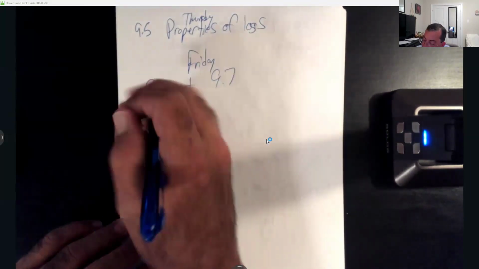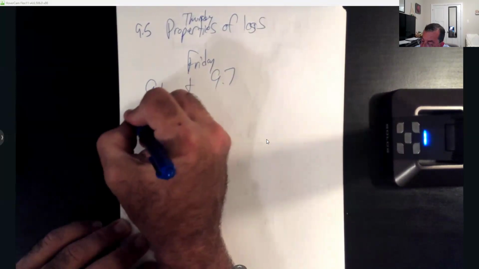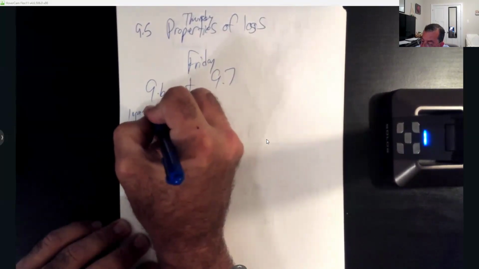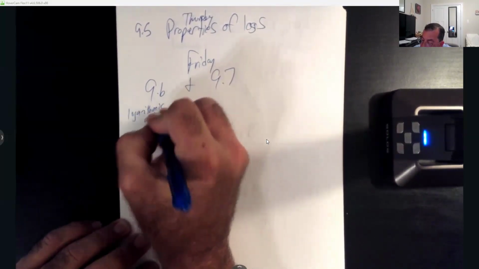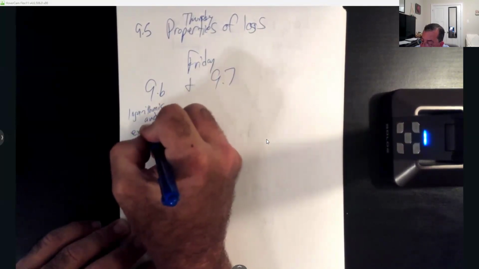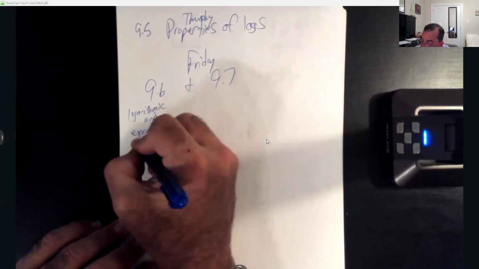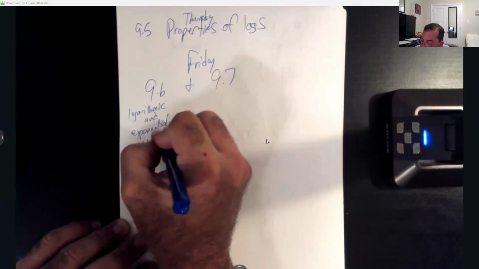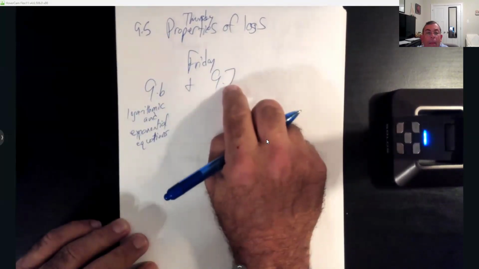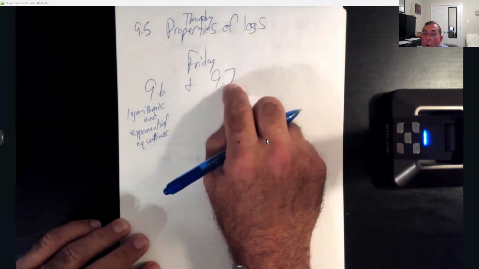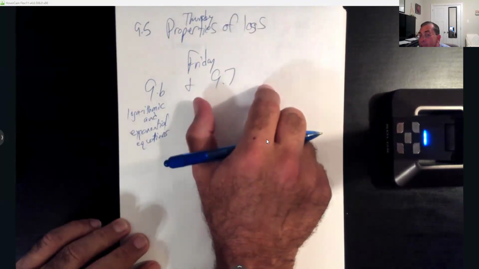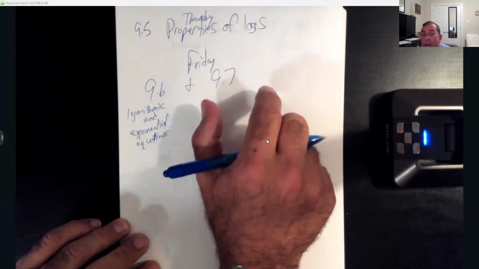9.6 deals with equations. These are logarithmic and exponential equations. And then 9.7 deals with some more of those interest type problems.